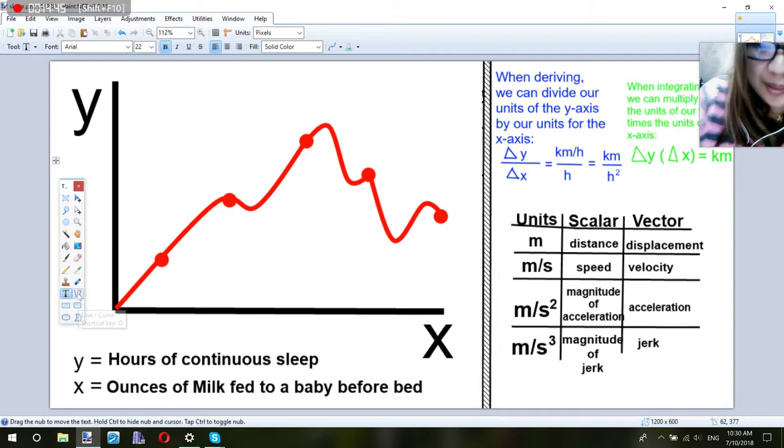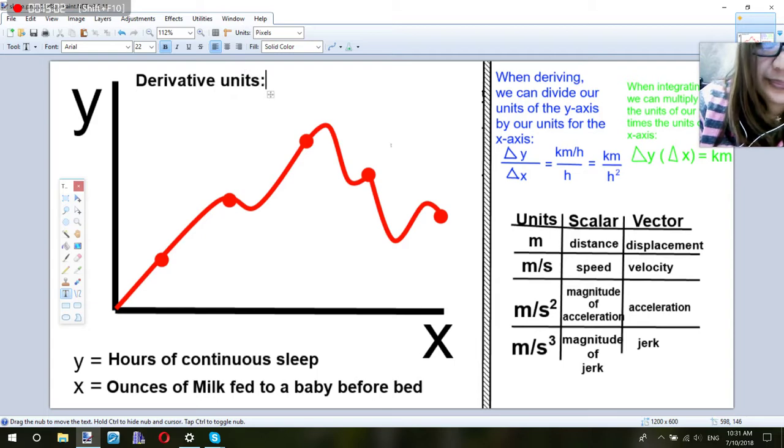So the first thing I need to do is derive this function. If I derive this function, what will my units be? Close. Slope is change in y over change in x. So what should this be?